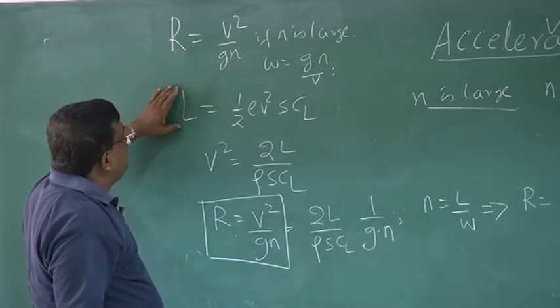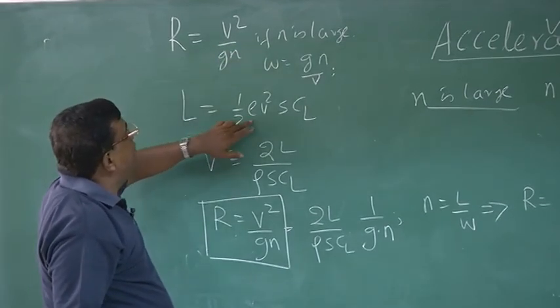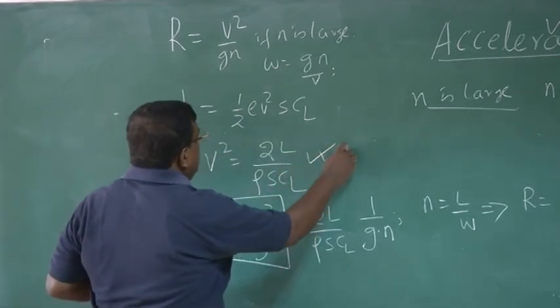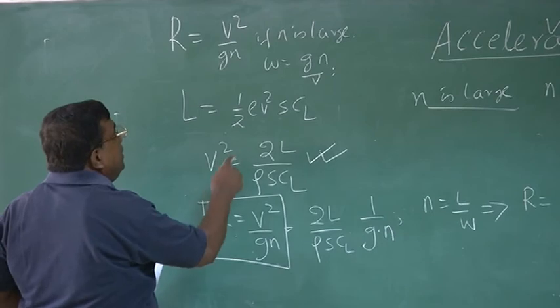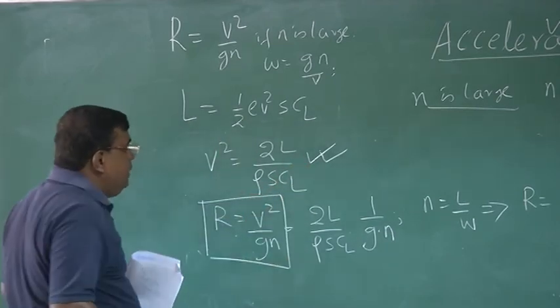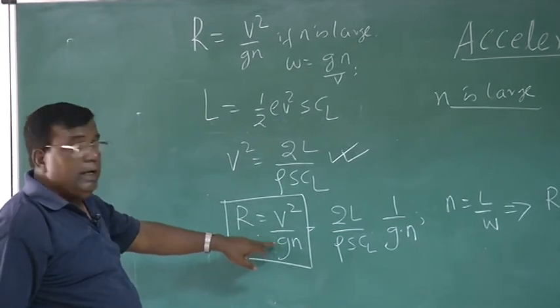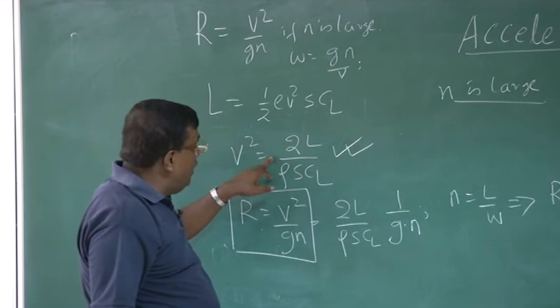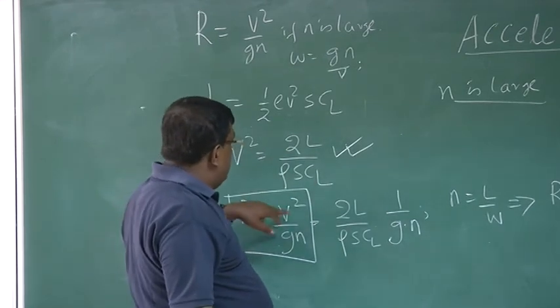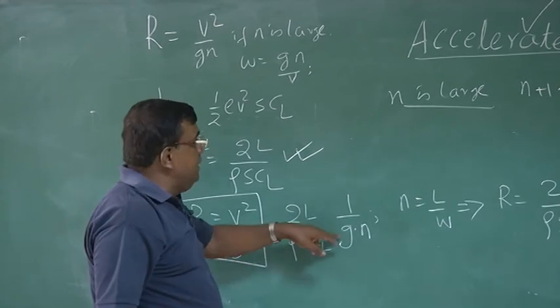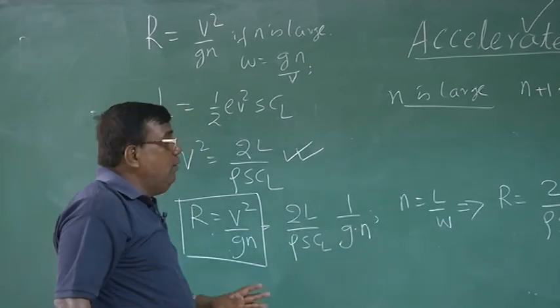What we are doing? First we are writing L is nothing but half rho V square S CL. From there I am getting the expression of V square. V square will be 2L by rho S CL. Now since R equal to V square by g n, I substitute V square by this expression. So what will I get? For V square I will get 2L by rho S CL, and g n is here, g into n, where n is the load factor.